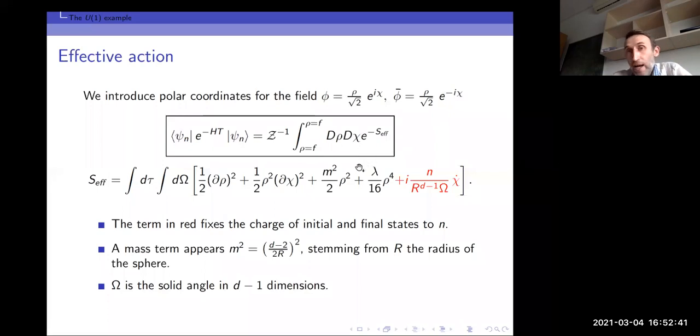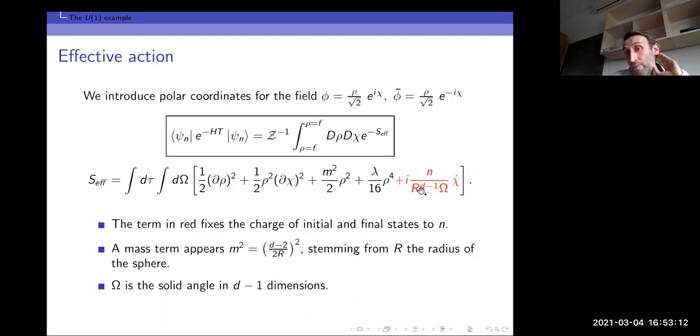So after performing a few simple technical steps, you can basically take our previous effective action I drew a couple of slides ago and plug in this field representation in polar coordinates. You will find these first four terms, just the usual quartic interaction and kinetic terms for the modulus. Now there will be a new mass term for the rho. This just comes from going to the curved manifold, the cylinder. This is because we are coupling our theory to the Ricci scalar.